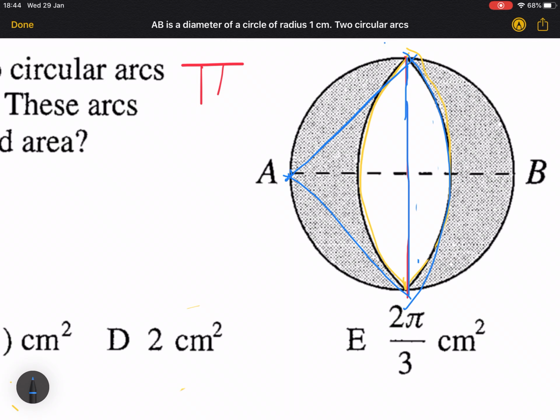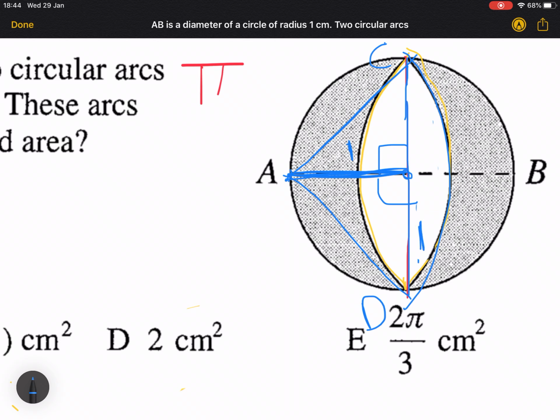If we call this C and D, the triangle ACD is a right angled triangle. We want to prove that. By symmetry, because this is going across, it becomes like that, and then we have a 90-degree angle here and a 90-degree angle here. Because we know the radius is 1, from A to the centre it's 1, and the same from the centre downwards to D is also 1.